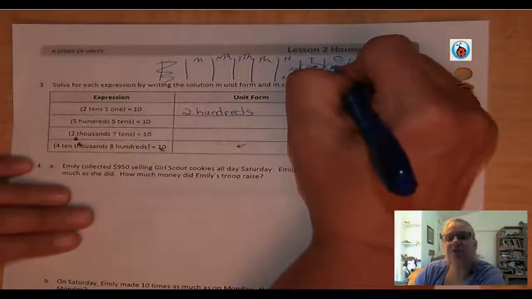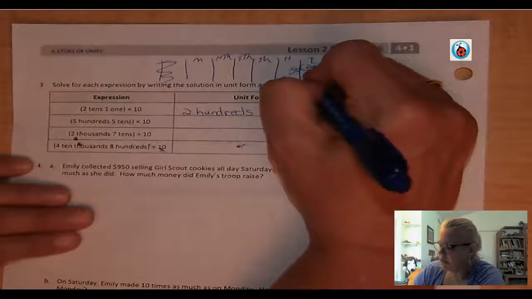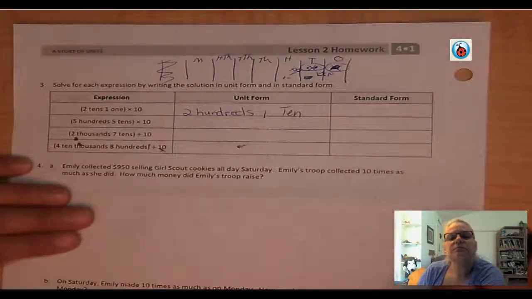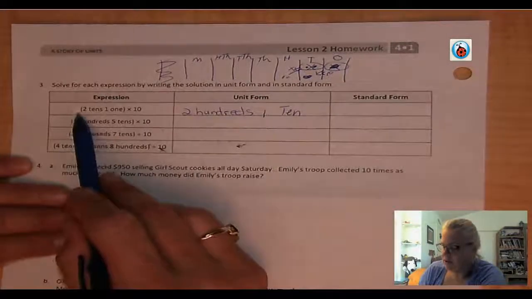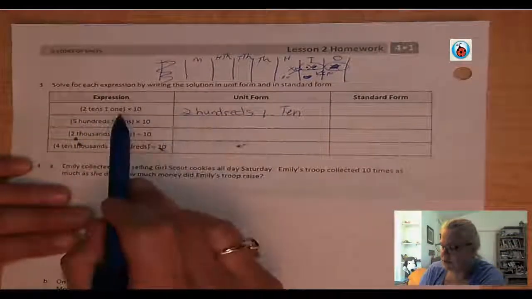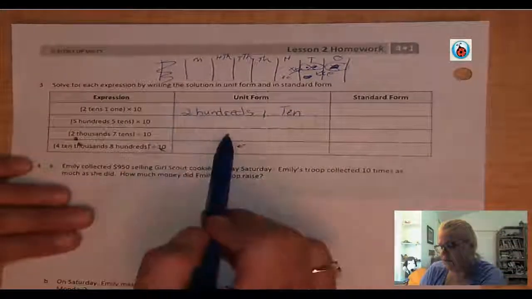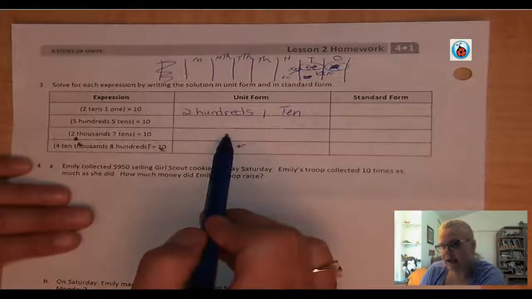My mistake, that should be 1 1 times 10 equals 1 10. So 2 10s times 10 is 200s. 1 1 times 10 is 1 10. This is your unit form: 2 hundreds, 1 ten.